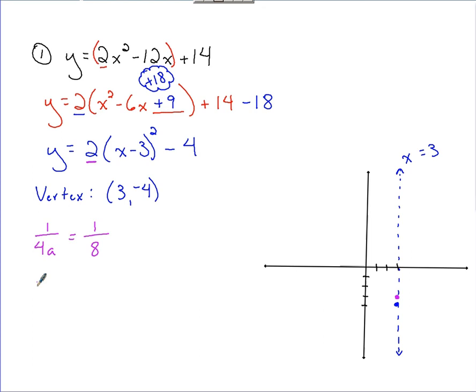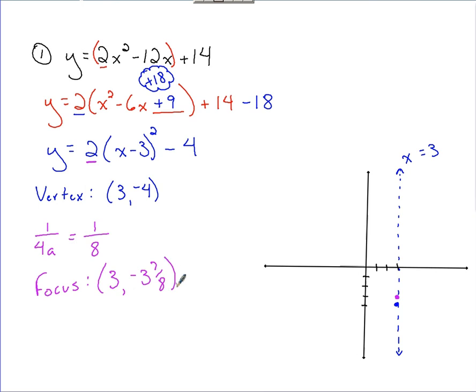So my focus is going to be the point where x is 3, and since I went up 1/8, I'll add that on to negative 4 here. That's going to give me negative 3 7/8 as the y coordinate at my focus.